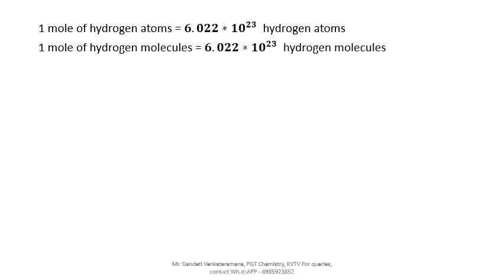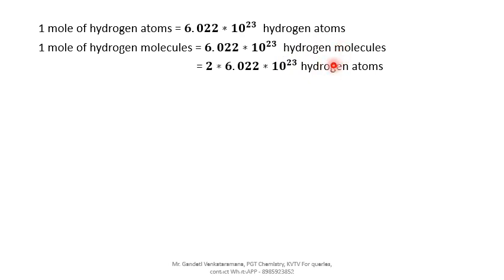For example, next, it equals 2 into 6.022 into 10 power 23 hydrogen atoms. How? This is important. Look here: 6.022 into 10 power 23 hydrogen molecules, but we are converting hydrogen molecules to hydrogen atoms.